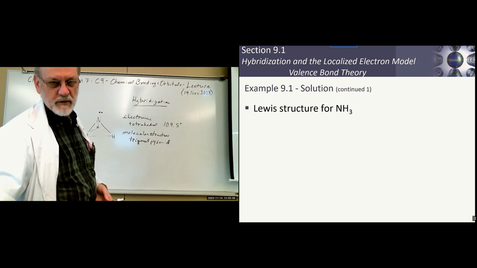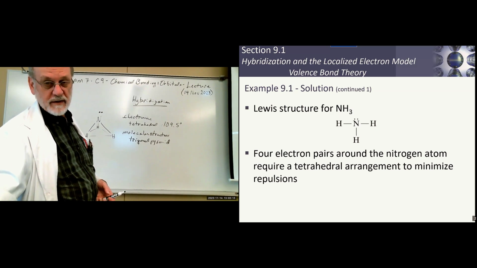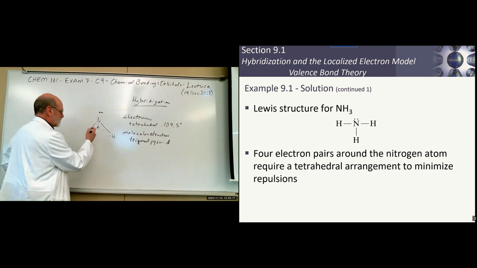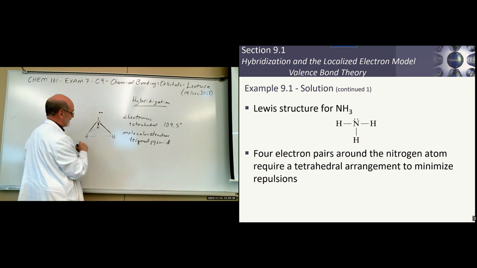Okay, we've done that so far. Now we know that this is the Lewis dot structure. We have three pairs. The bonds are actually here, here, and here.